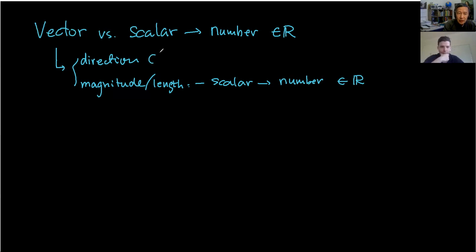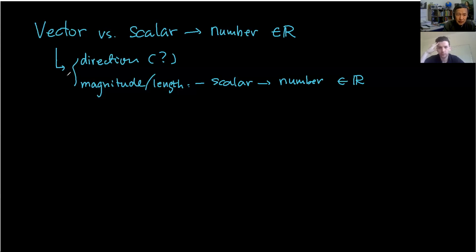Now the question is, how do we describe the direction of a vector? That is the issue. Change of basis, yeah, that's one way, using the basis. But the more intuitive way is to use a graphical one.